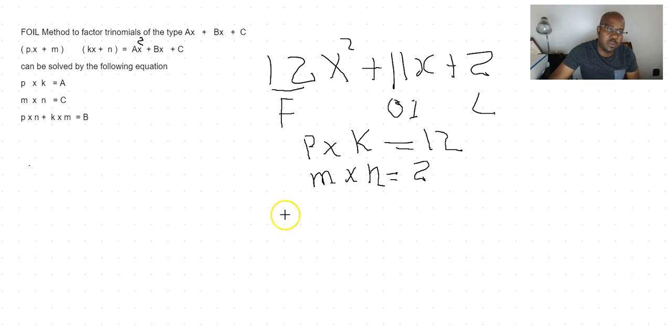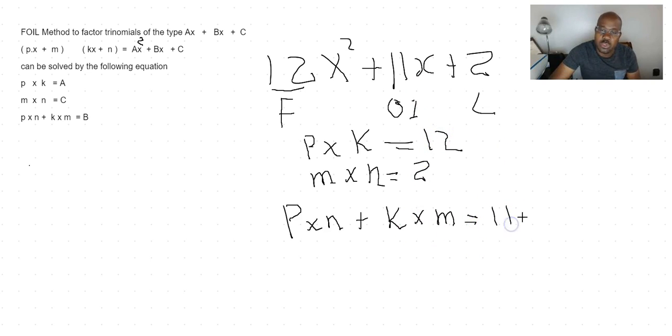And then finally we've got pn plus k times m equals b, which is 11.